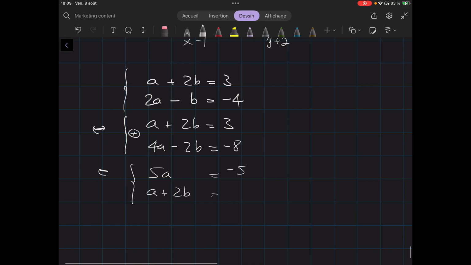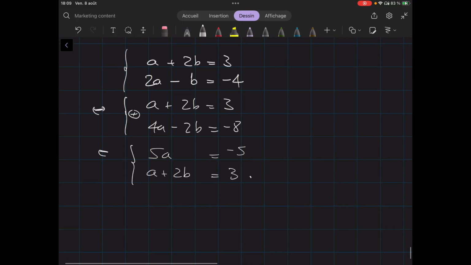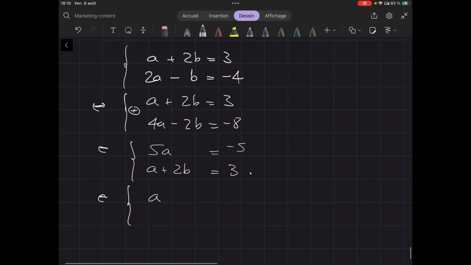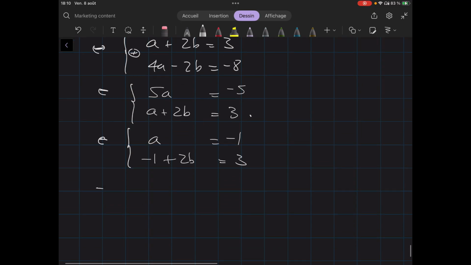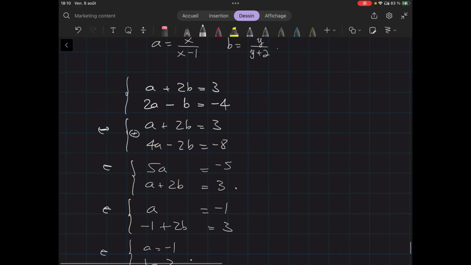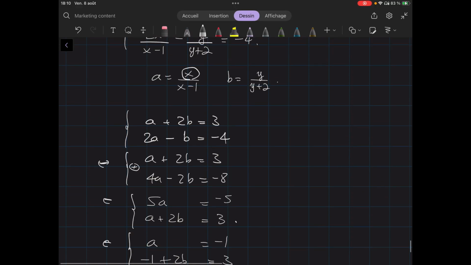Keep one of the two equations for a beginning. a is negative 1, and therefore b is equal to 2. We're not done yet. Our system is in terms of x and y.